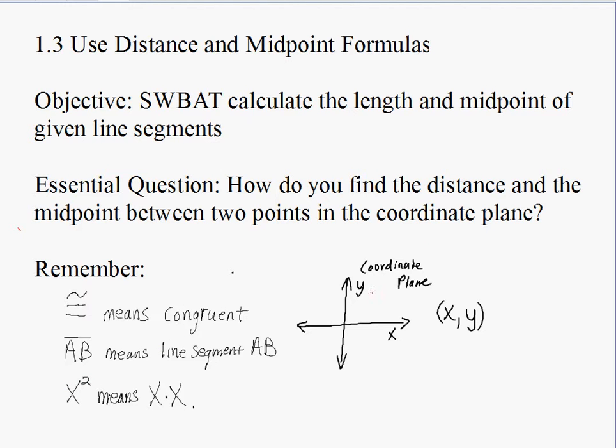And right here, when I say coordinate plane, you guys remember this from Algebra 1. Here's your x-axis and your y-axis and your coordinate. Remember, we got to go left or right first, and then we got to go up and down. So x always comes first, then your y. Next card.